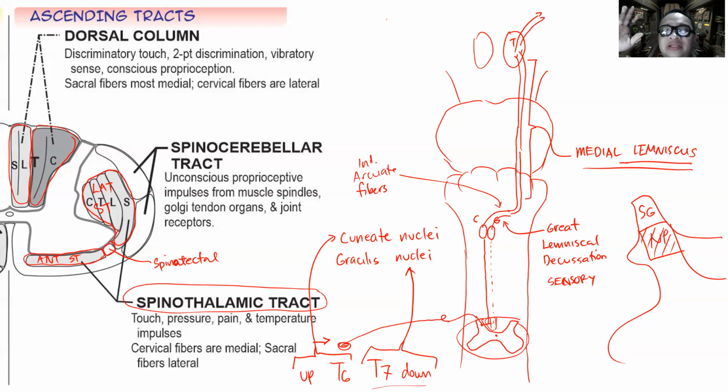T6 up, all the discriminatory touch, 2-point discrimination, whatever else, all go to cuneate. T7 down, they all go to gracile. Basically, they're on the same road, just different cars. So that's it for your DCML, dorsal column medial lemniscus. Thank you.